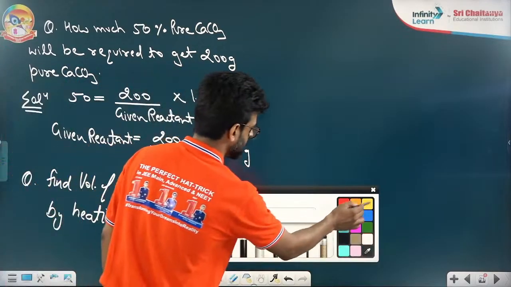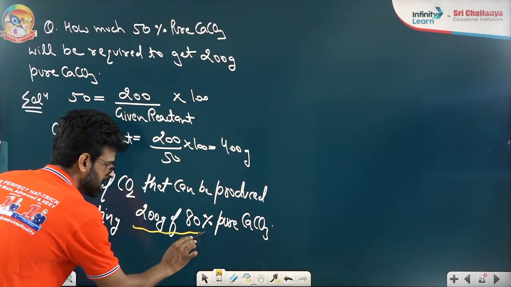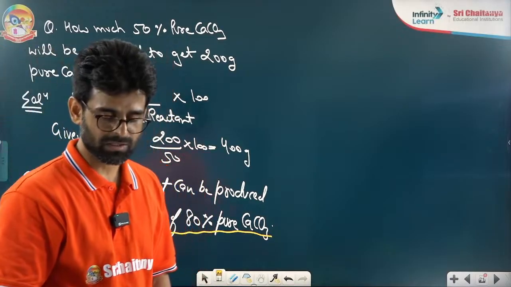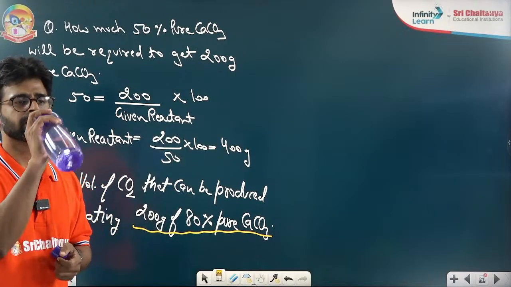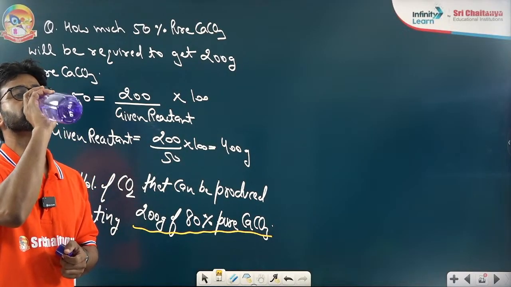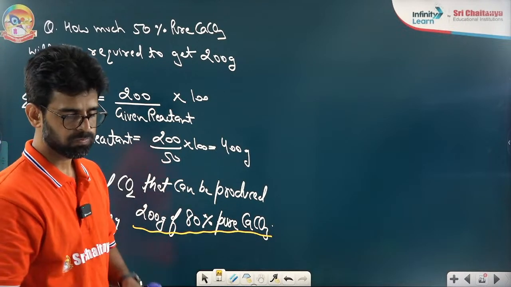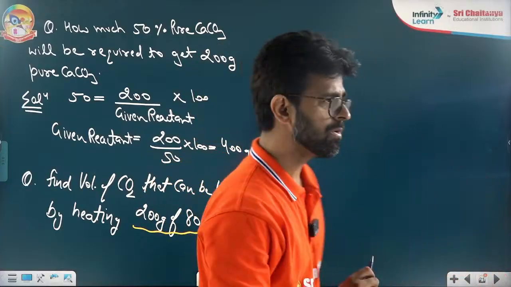Be careful. The question is very simple, but the thing is changed when they're saying 200 gram of 80% pure CaCO3. Fine. We know the reaction, right?